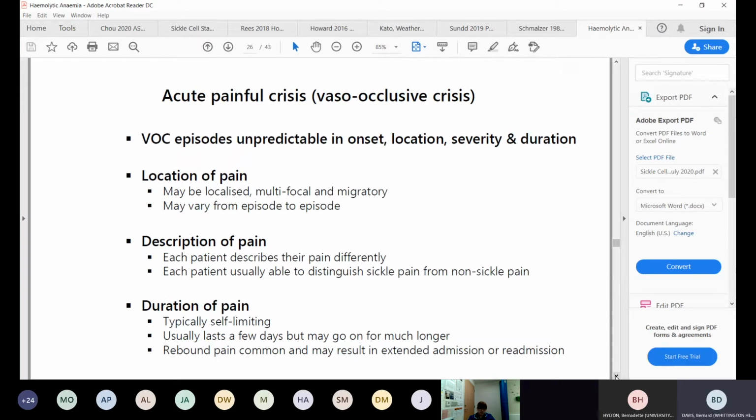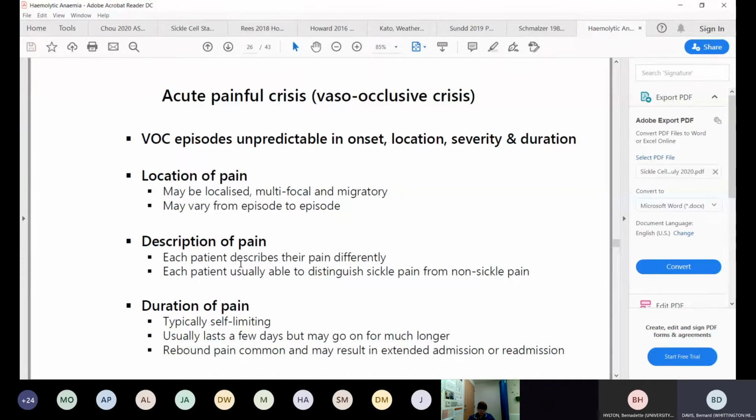Well, first of all, the unpredictable events in terms of the onset, the location, the severity, and also the duration. So in terms of location, usually multiple sites are affected, but the pain may be localized. The pain may flit from one site to another and vary from episode to episode.